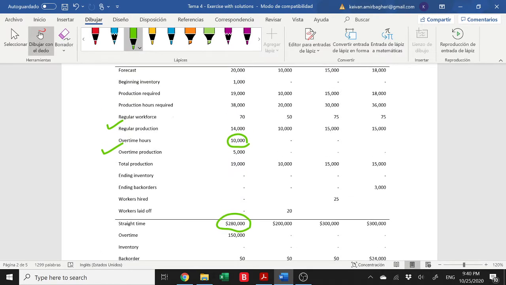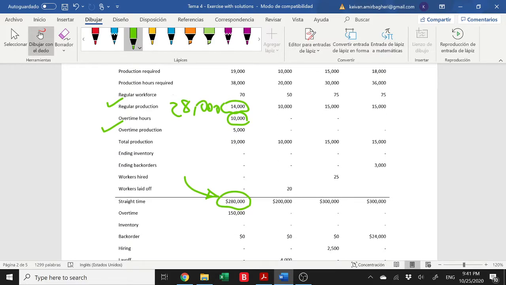If the regular production is 14,000, the regular production hours will be 28,000. Why? Because of the productivity that we are given in this example, multiplying by 10 gives us $280,000.